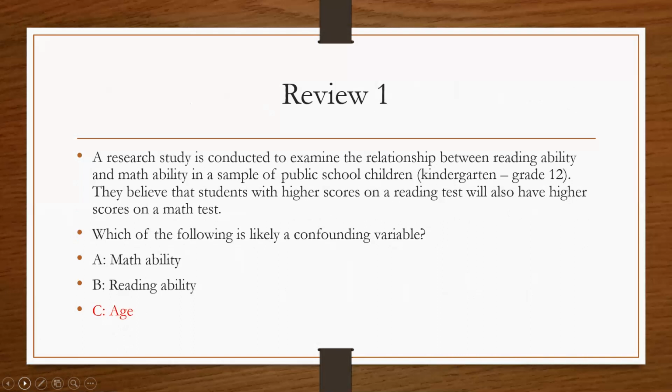They're only looking for how reading test will then affect math test. That age does not matter at all in this experiment. It is just solely there to try and trip you up. So yeah, if you got it right, congratulations.